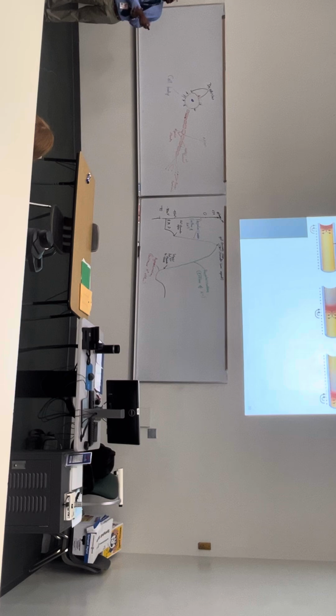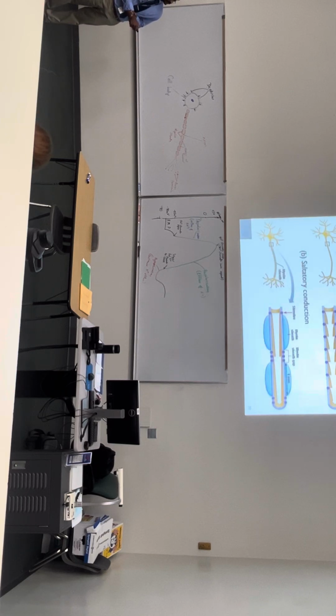It's called continuous conduction in unmyelinated fibers. It's called saltatory, or skipping, in a myelinated fiber. So it just occurs at the node, skips the myelin sheath, occurs at the next node, and so on and so forth. That's saltatory conduction. This is in myelinated fibers.